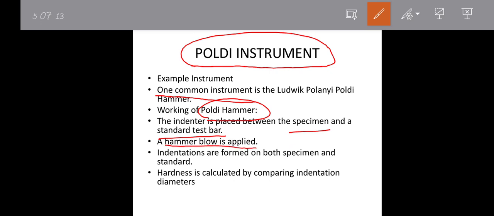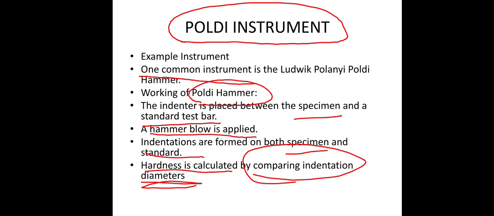The indentations are formed on both the specimen and the standard bar. In this Poldi instrument, we calculate the hardness by comparing the indentation diameters. These are the two diagrams for the dynamic hardness test.